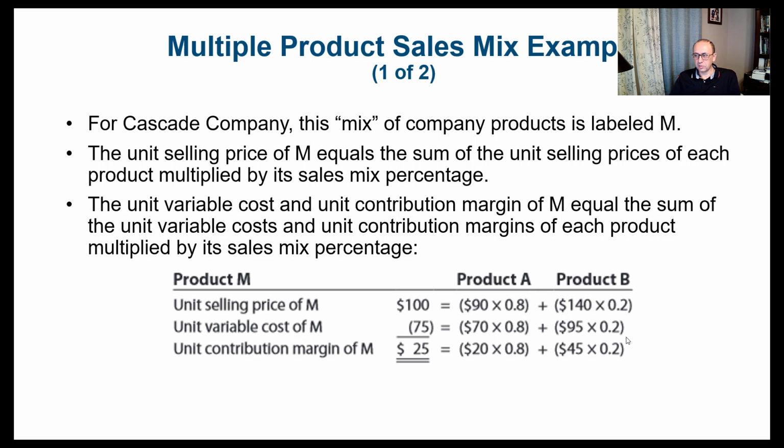So 0.2 is 20%, 0.8 is 80%. We do the math, make sure that you do these separately and add them together, and that's $75. So that would lead to a contribution margin for the product mix of $25. If we want to do the contribution margin separately, then it's 20 multiplied by 80% and 45 multiplied by 20%. Again, we do the math, and it has to be $25.